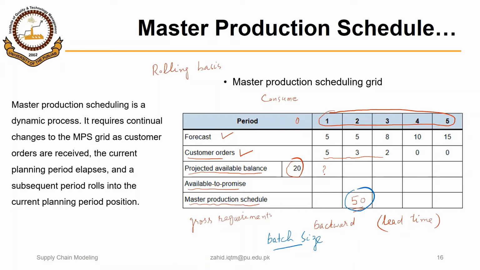So that could be very different than the customer orders that you have for that period. We will come to this point later in the examples. But you have to keep in mind that these two quantities could be different. And the simple answer at the moment is that the units of production and units of demand are generally different.